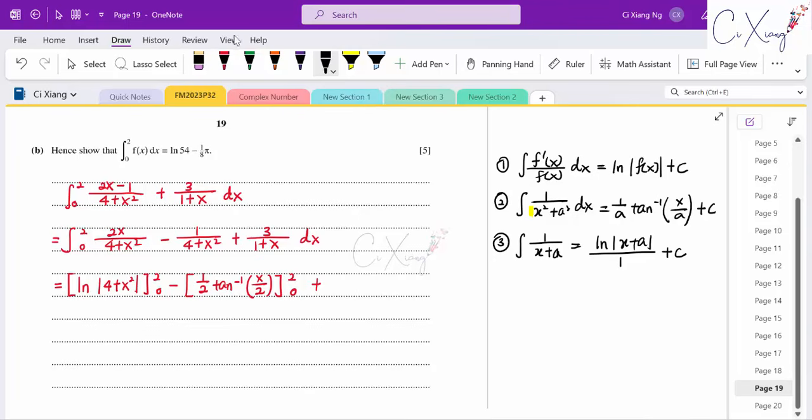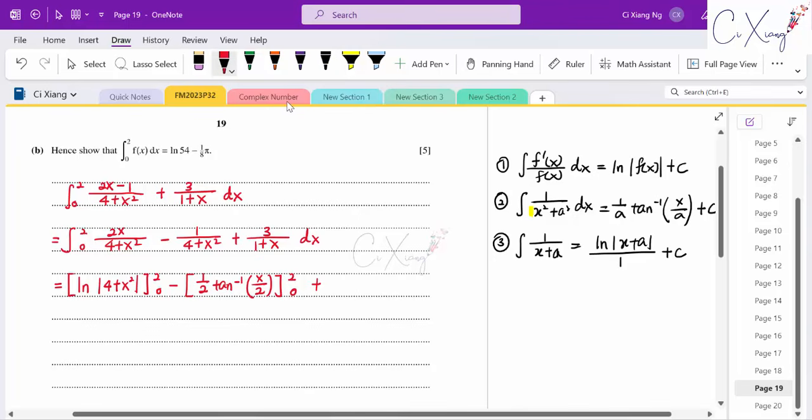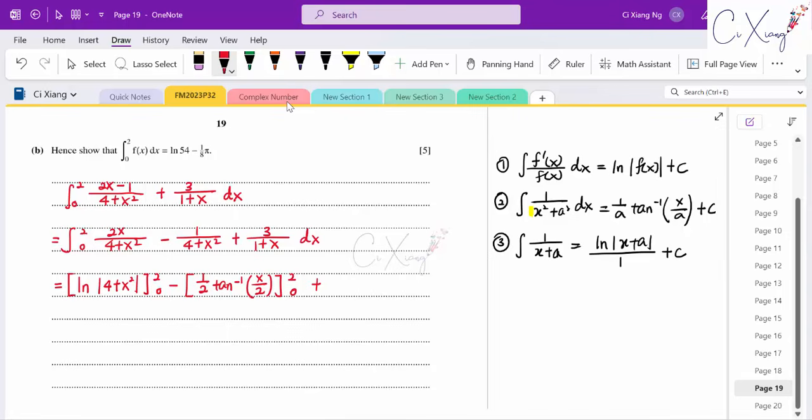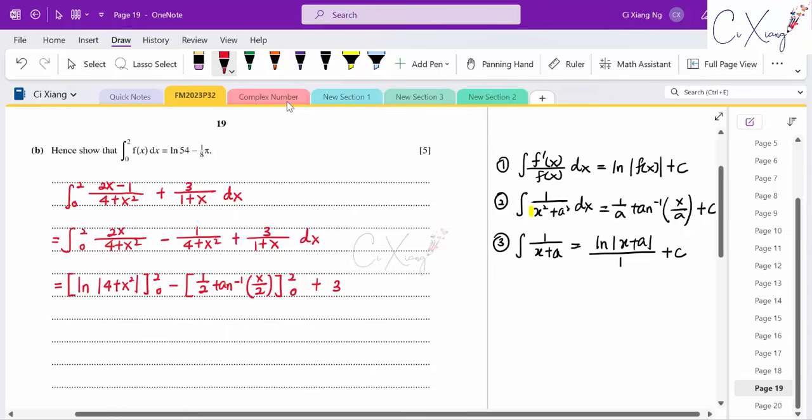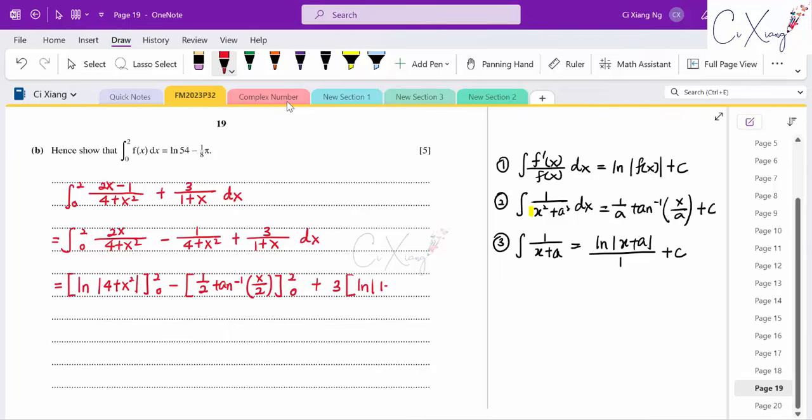This is a straightforward integration. 3 is a constant, so I take the 3 out and integrate 1 over 1 plus x. Therefore, I get 3 ln 1 plus x. Again, I put a modulus sign because the value inside the ln should always be positive.